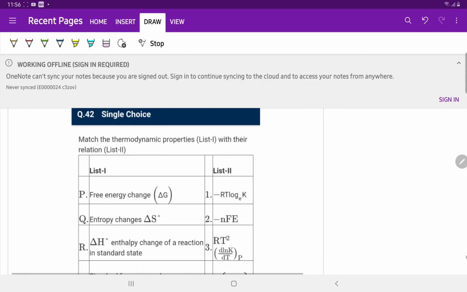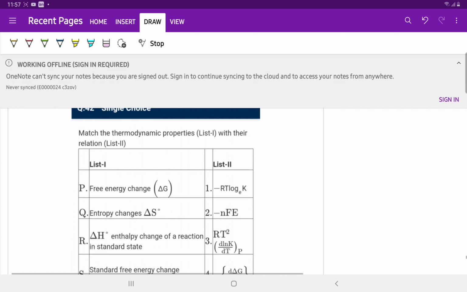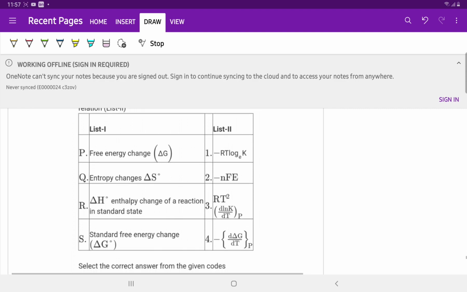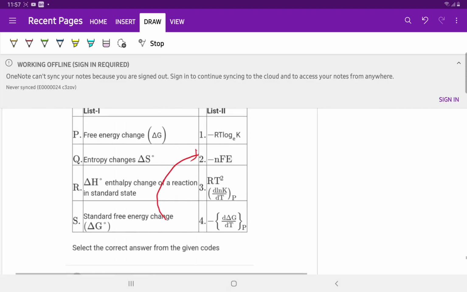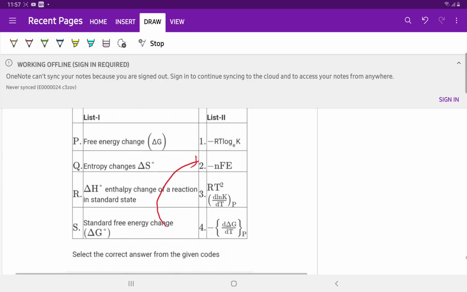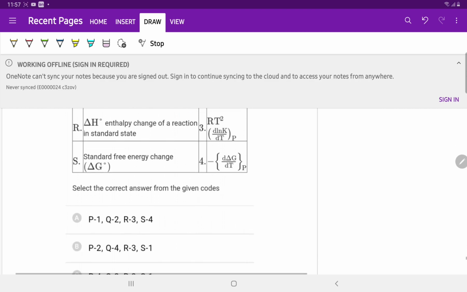Question number 42. The free energy change, enthalpy change, standard Gibbs free energy change. Free energy change, this is nFE not, so P is equal to 2 nFE, P2.